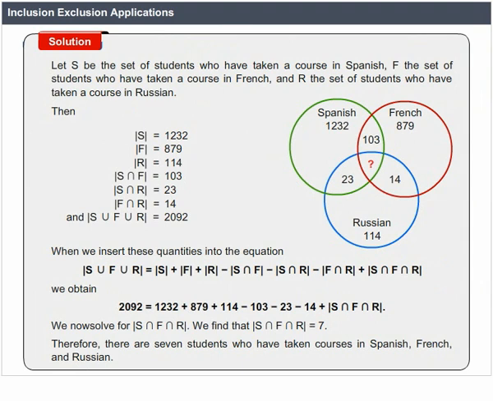We now solve for |S ∩ F ∩ R|. We find that |S ∩ F ∩ R| = 7. Therefore, there are 7 students who have taken courses in Spanish, French and Russian.